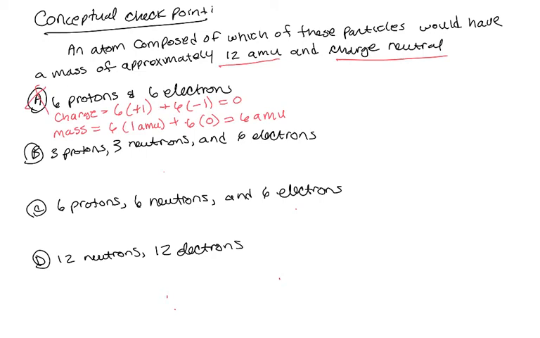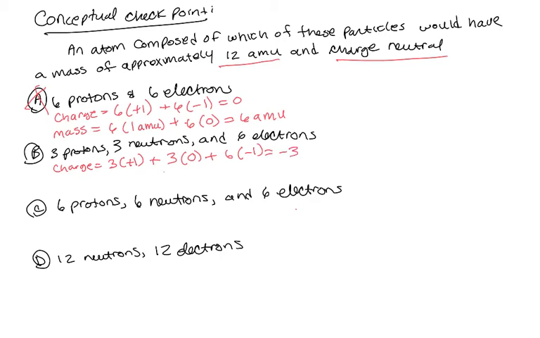So let us do the next one. Here we have 3 protons. Let's do the charge first. So 3 times +1. We have 3 neutrons, but remember, neutrons are neutral in charge, so they have 0. And we have 6 electrons, which are each negatively charged. So we have 3 plus 0 minus 6, which will give us a -3 charge, right?